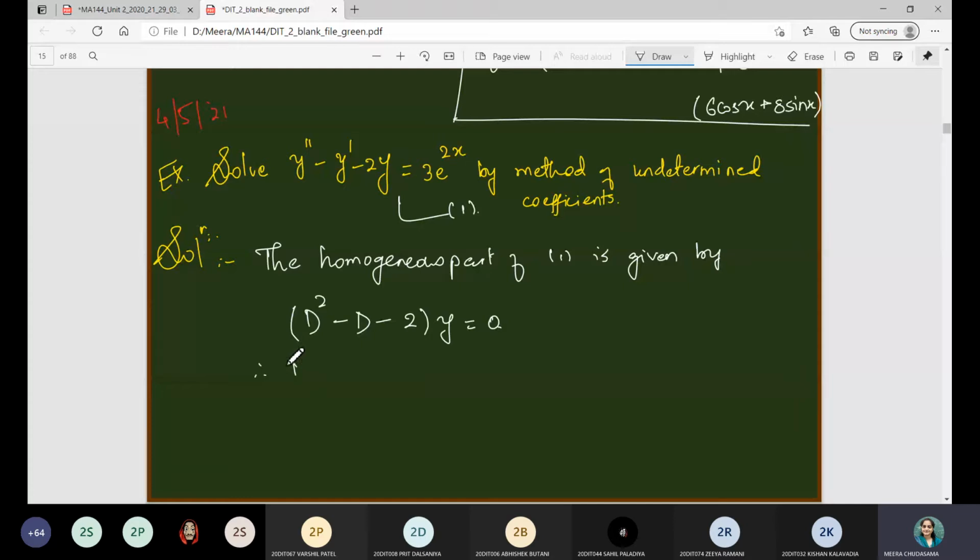Therefore the auxiliary equation is m squared minus m minus 2 equal to 0. So what are the roots of this equation?